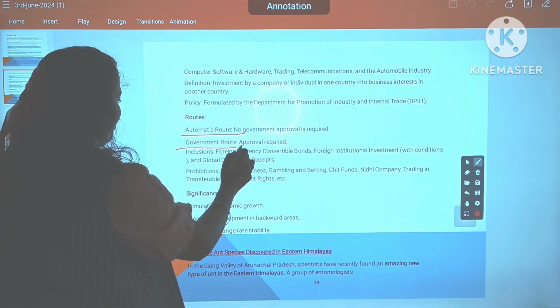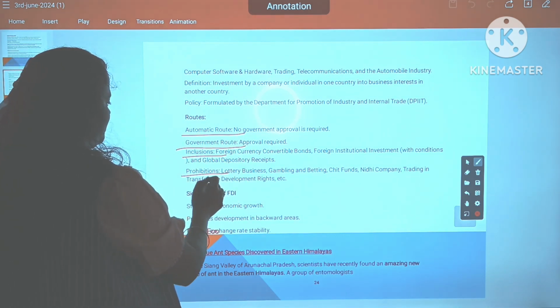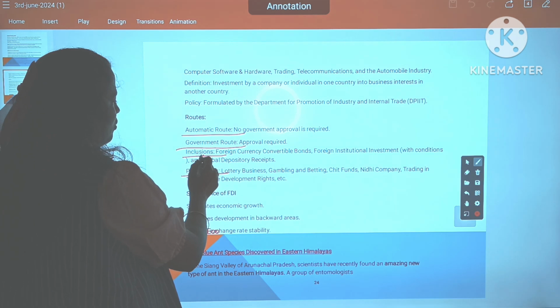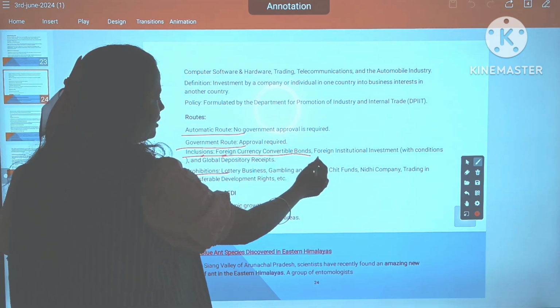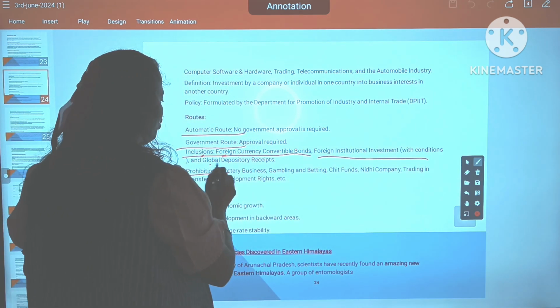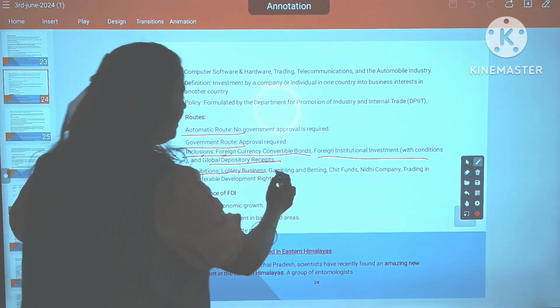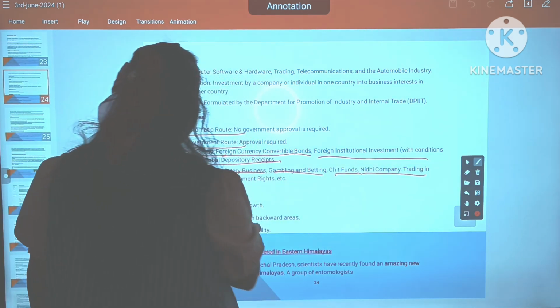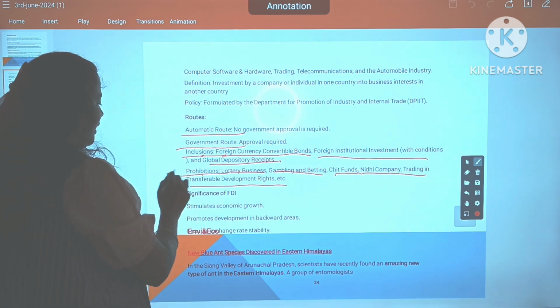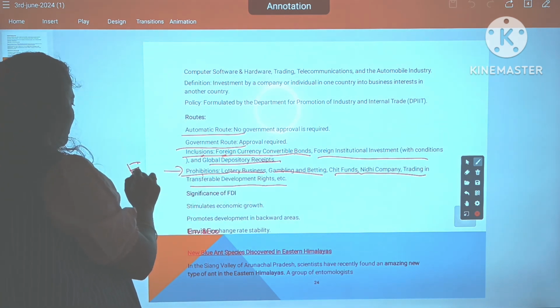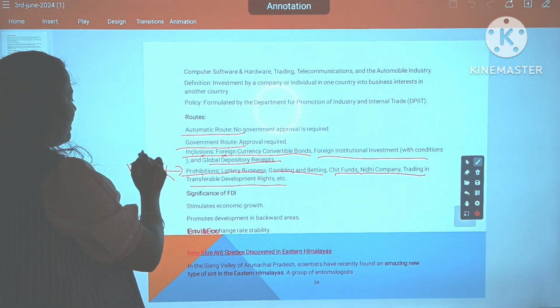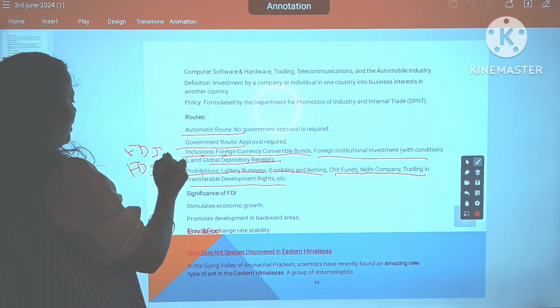Automatic route, government route, inclusions, prohibitions. What are the inclusions? Foreign currency convertible bonds, foreign institutional investments, global depository receipts. Prohibited are lottery business, gambling, betting, chit funds, nidhi companies, trading in transferable development rights. Means in these sectors FDI is not allowed, and in the other sectors FDI is included.